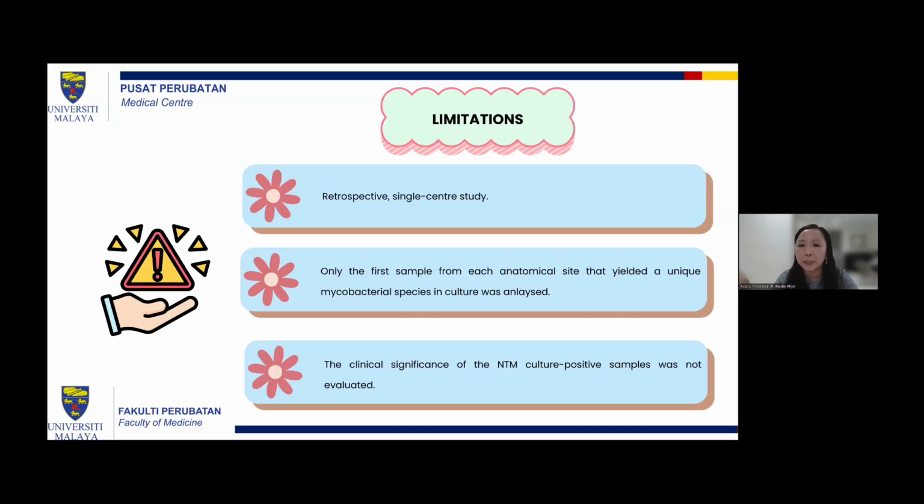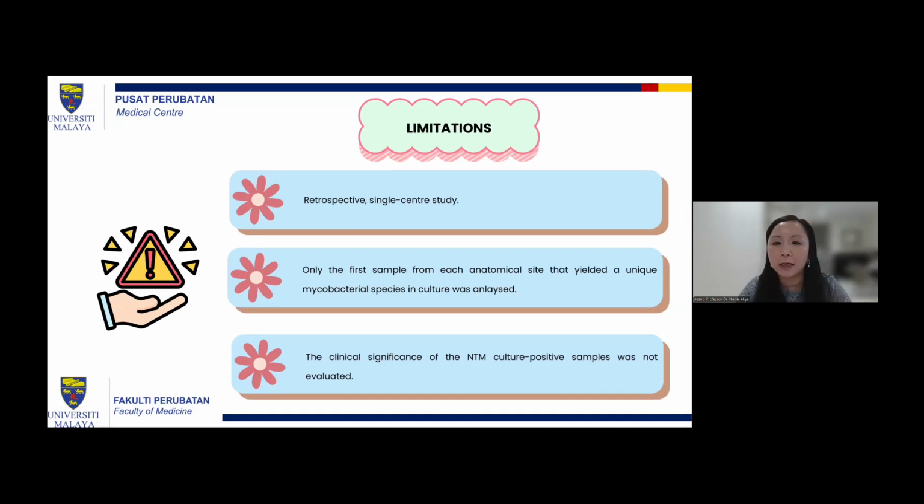If we had assessed the clinical significance of the NTM culture positive samples in our patient cohort, this may have provided insights into the diagnostic utility of Auramine O smear microscopy in detecting NTM causing true disease versus NTM associated with colonization or contamination. So this is something that we will definitely look into, and hopefully we'll be able to publish the results of that study in the future.